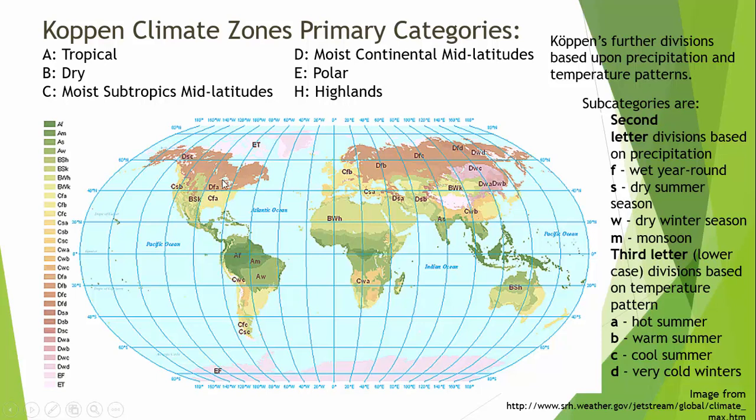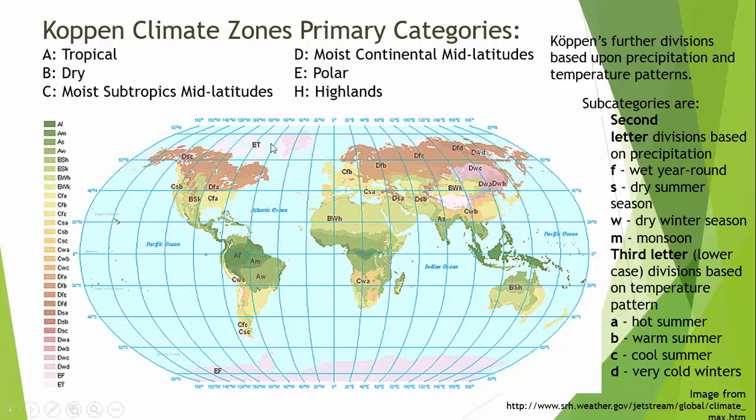As we move up away from the equator, we start to see more brown on our map, and we start to see a lot of D's. So D is that moist continental mid-latitude region, okay? And so that area is going to be moist, but it does get cold there in the winter. So it is different from the southern sea regions, which tend to be warmer in the winter and have more rainfall in the winter.